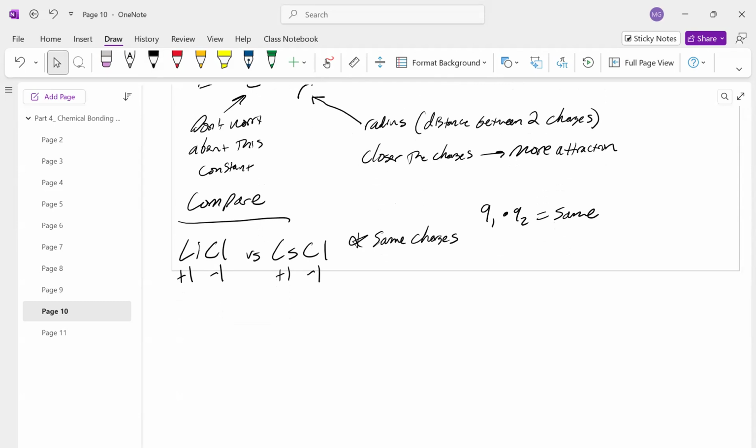Cesium's farther down. What is the periodic trend for size as you go down a column? Well, lithium is smaller and cesium is bigger. So that's lithium, this is Cl, this is cesium, that's Cl. And this distance here is smaller than that distance there.